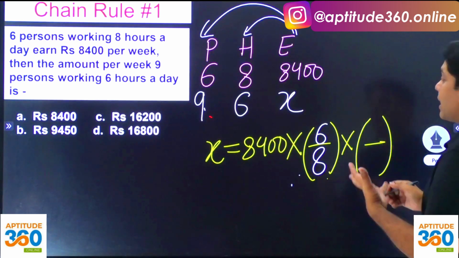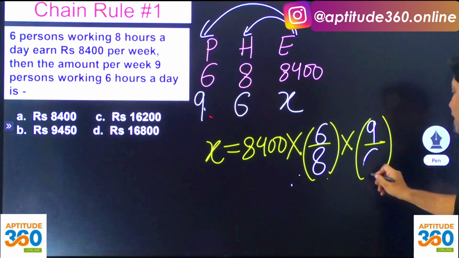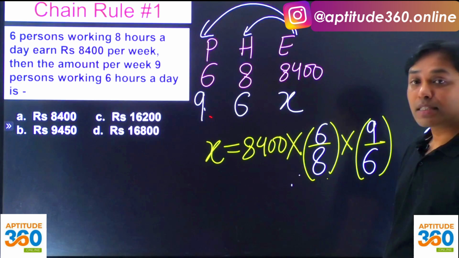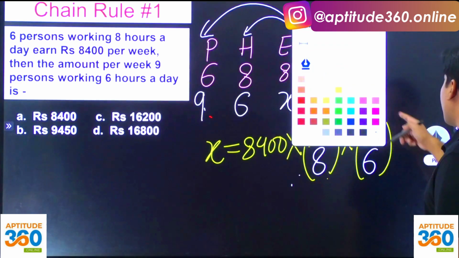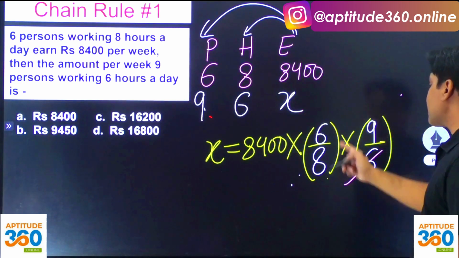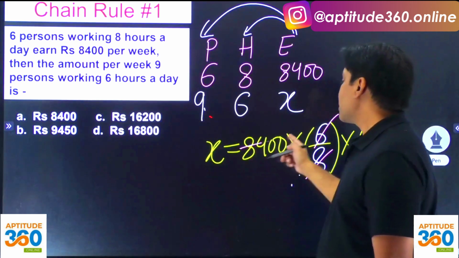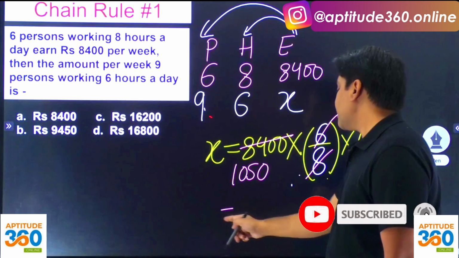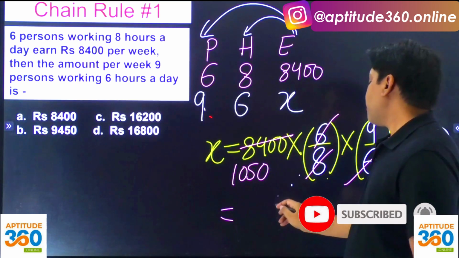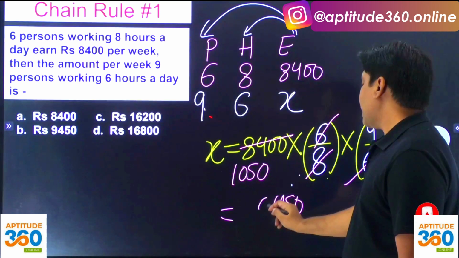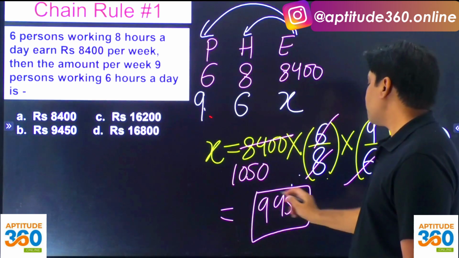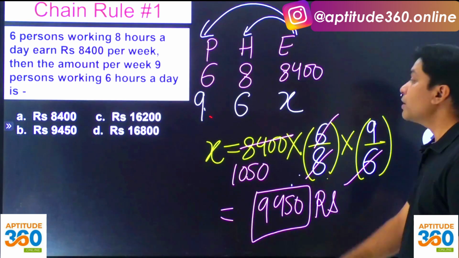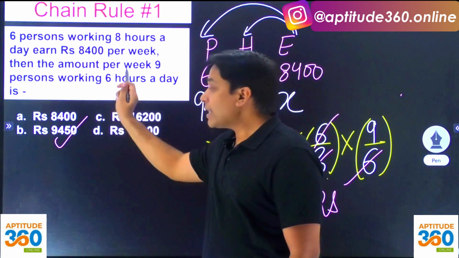And if that is the case, you will have to write this 9/6. And if you simplify this, 6 and 6 are gone, then this is 1050 into 9. 1050 into 9 is 9450. 9450 rupees is going to be your answer.